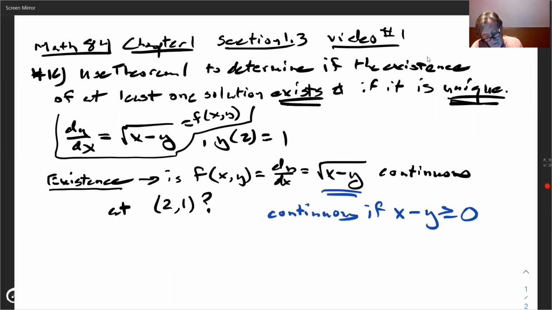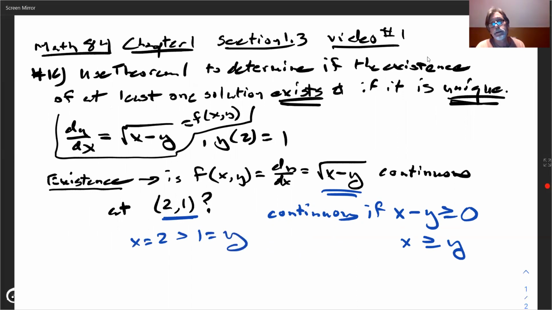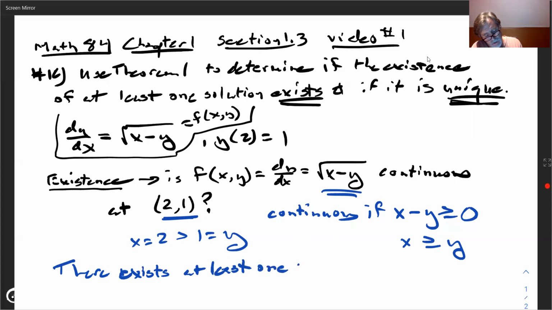But what that really tells us is as long as x is greater than or equal to y, we're good. And x equals 2 is greater than 1, which is y, so part 1 is done. There exists at least one solution at the point 2 comma 1.